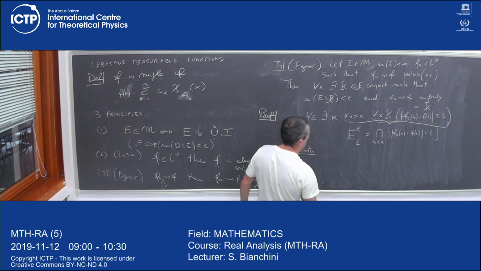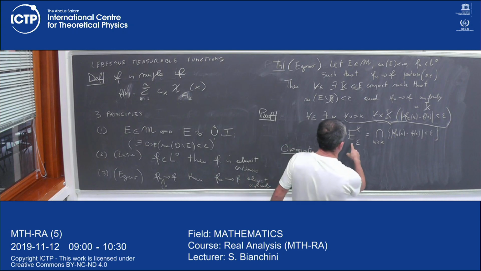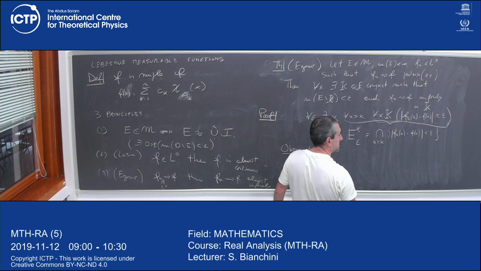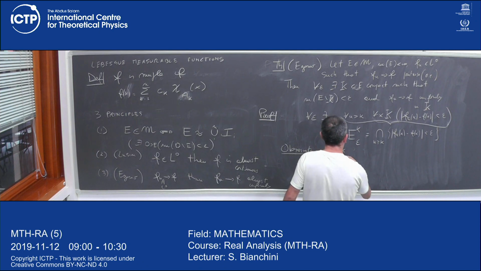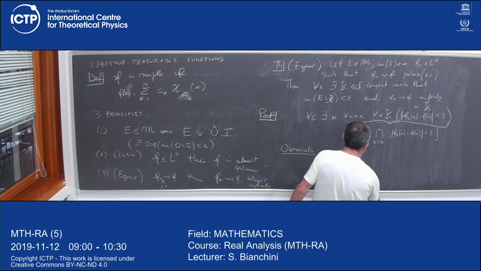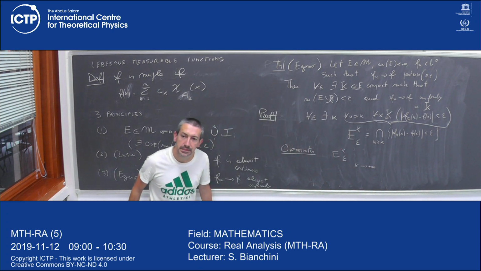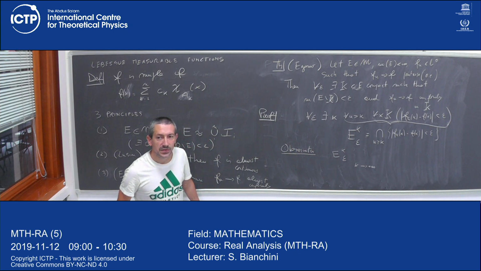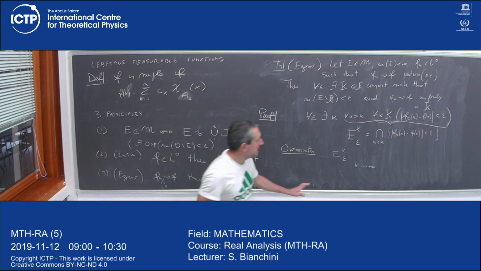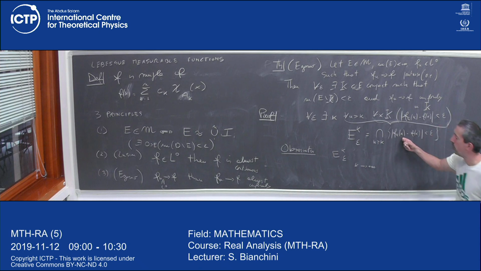And the trick, the observation, this observation is the key point, is that let's send k to plus infinity. When k goes to plus infinity it means all the points such that they are inside epsilon in the sequence.